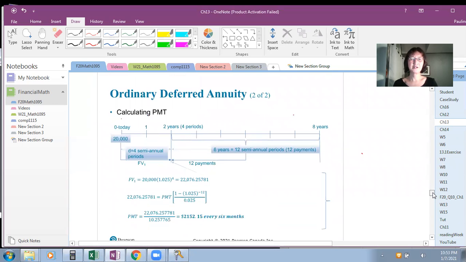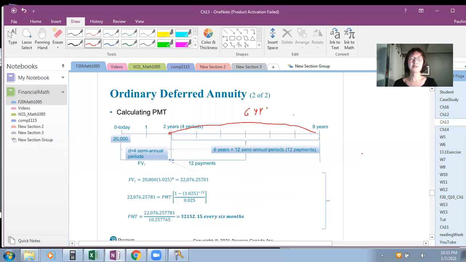So this is a similar diagram. We have 20,000 today. We don't make payment until after 2 years. And D, from today to 2 years, is 4, because the payment is every 6 months, so D equals 4. After 2 years, from here to here, it is 6 years.